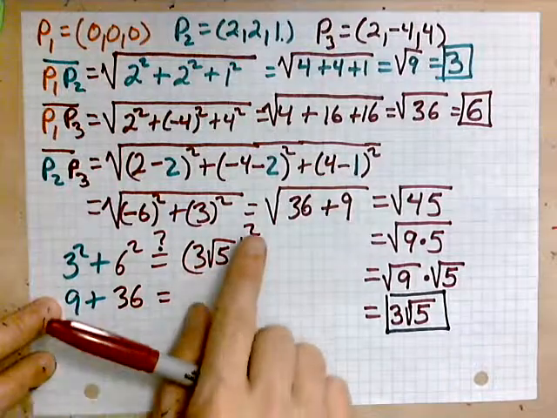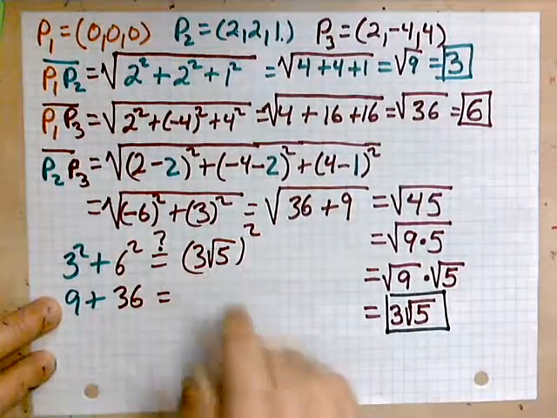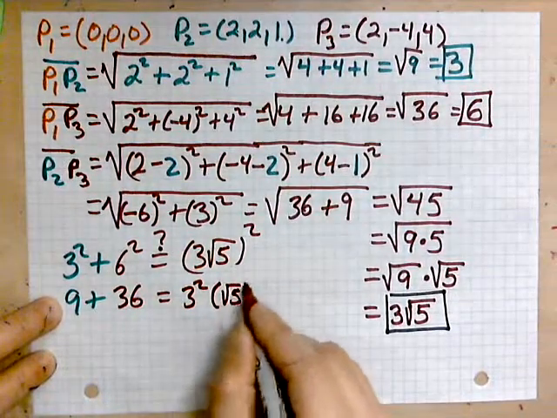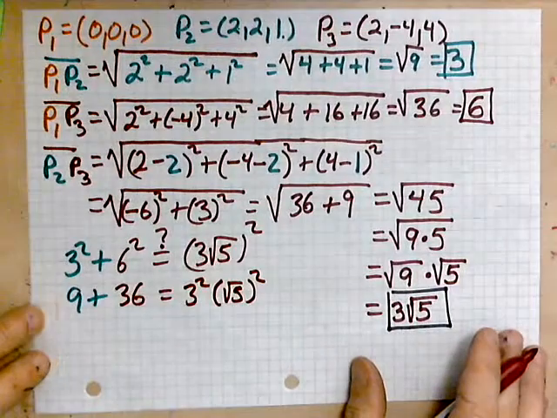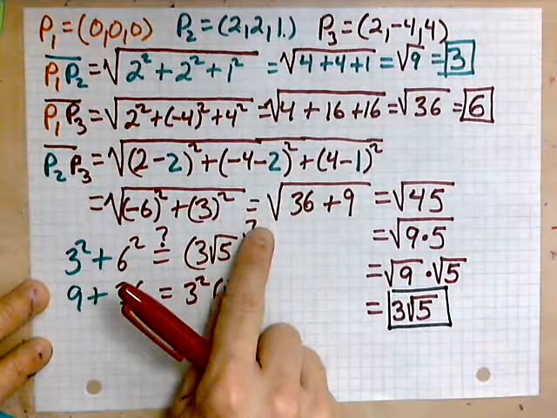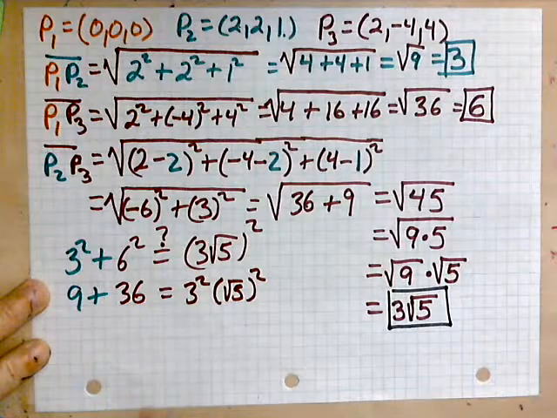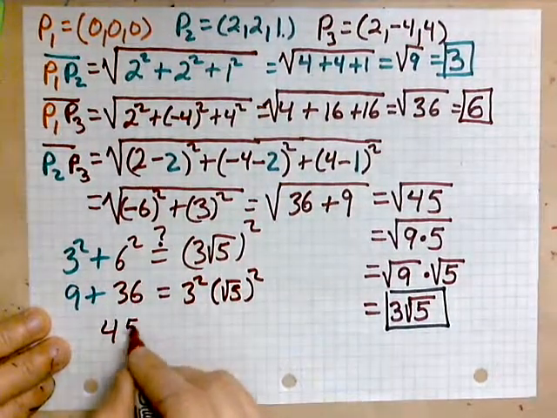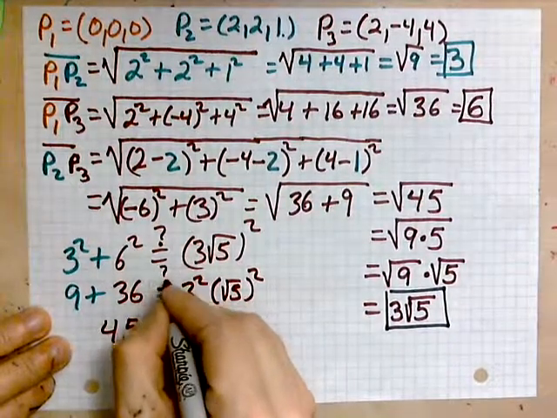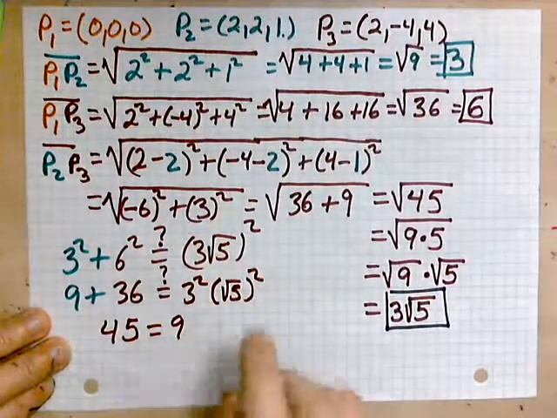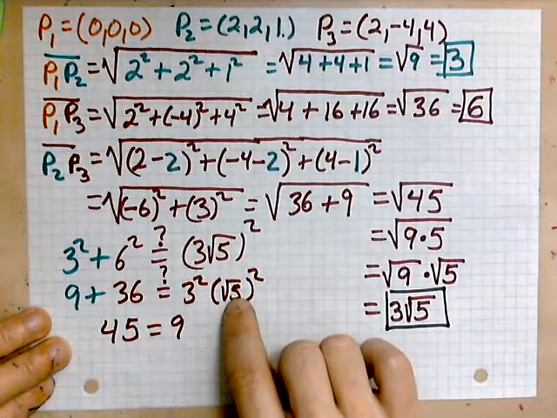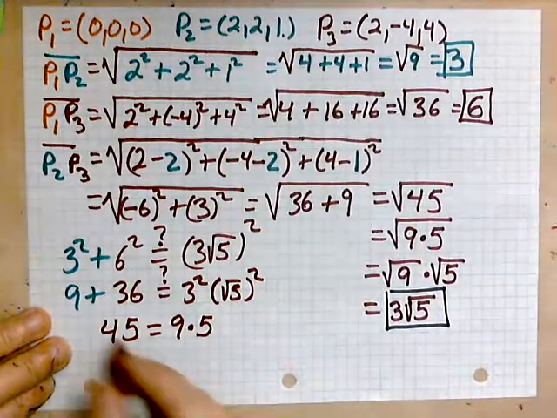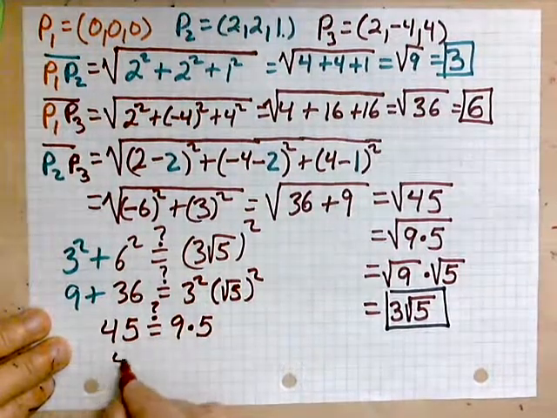Now, the square of 3 times the root of 5 is the same as 3 squared times the root of 5 squared. I'm being very detailed here. So you're distributing the 2 over to the 3 and the root of 5. Then we have 9 plus 36, which is 45 on the left side. And on the right side, we have 9, and then the square root of 5 squared is just the 5. And of course, guess what? Are these equal? They absolutely are.